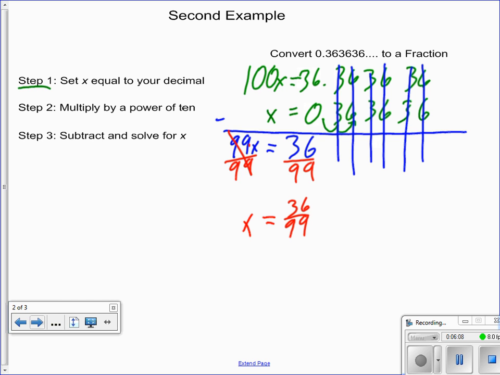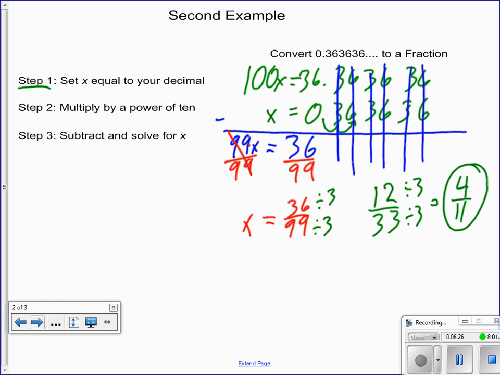I can divide them both by 3. I get 12 over 33. Well, 3 goes into both those. Get 4 over 11. So 4 over 11 is the same as 0.36 repeating.